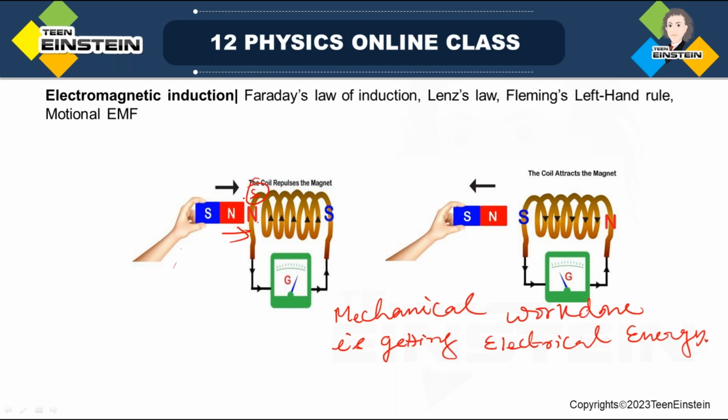Then what would have happened? If instead of a north pole, a south pole is induced here, then the south pole will attract this bar magnet, and it will gradually move towards the coil.